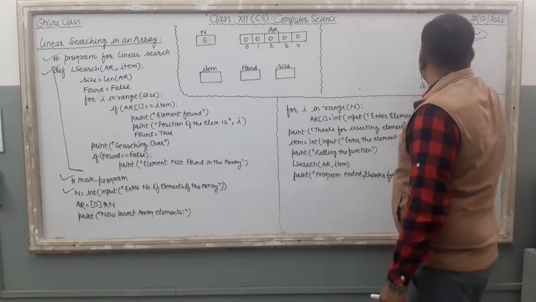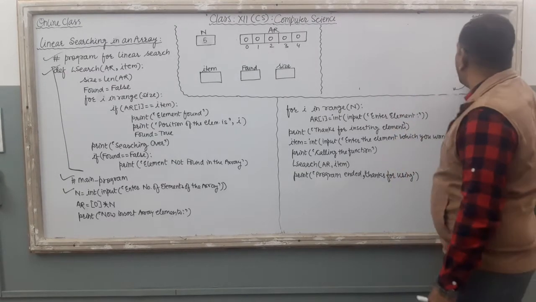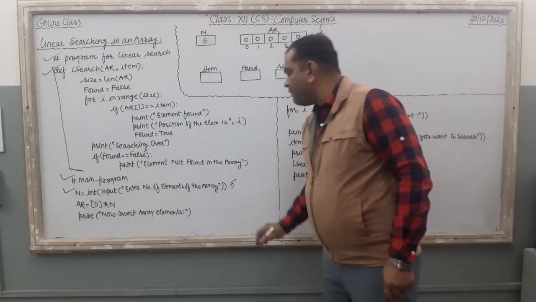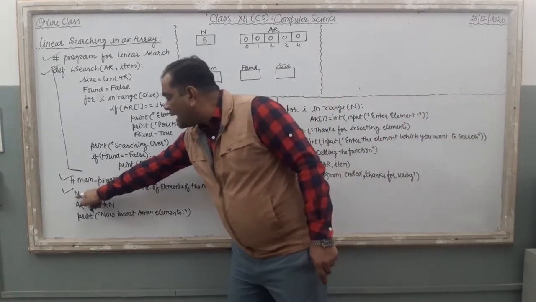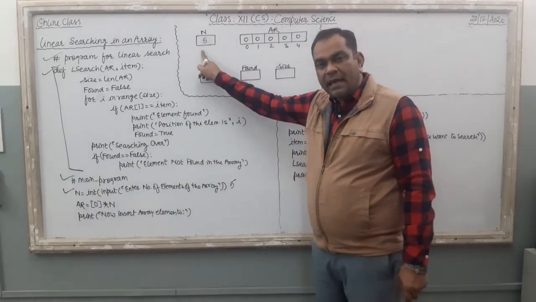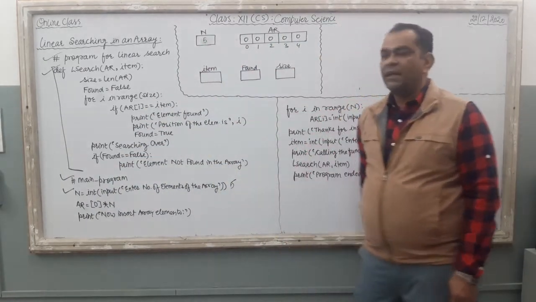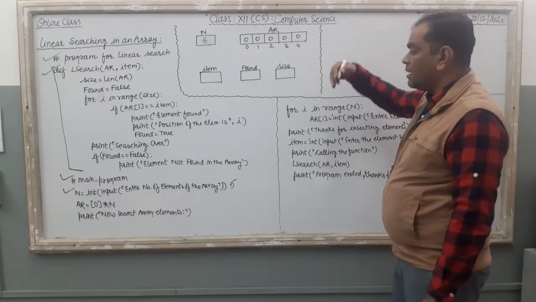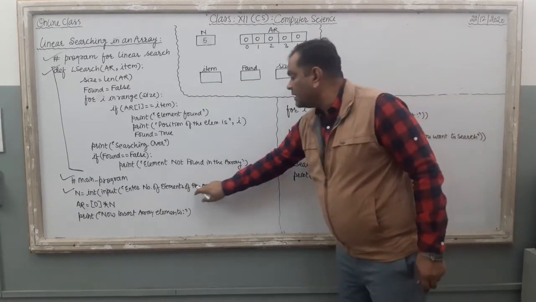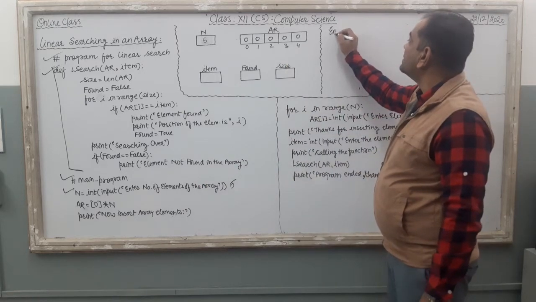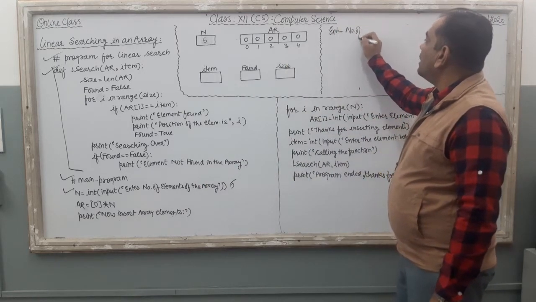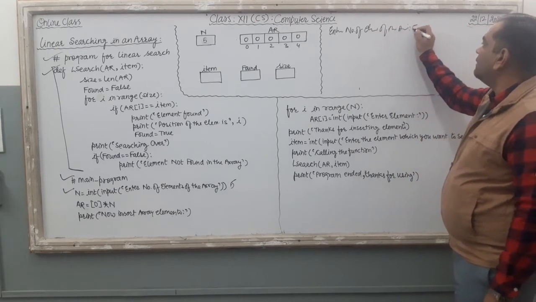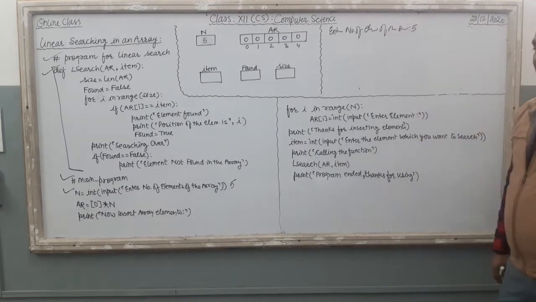If your computer executes this line, suppose the user entered 5 here. 5 is stored in n, so n variable is created and 5 is there inside the variable n. Right? If we talk about the output on the monitor, this line will be there: enter number of elements of the array, and in front of this user entered 5.